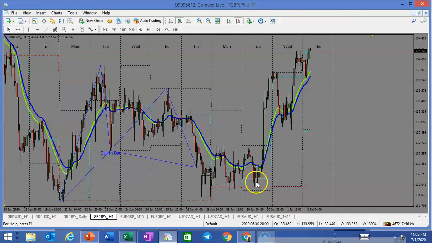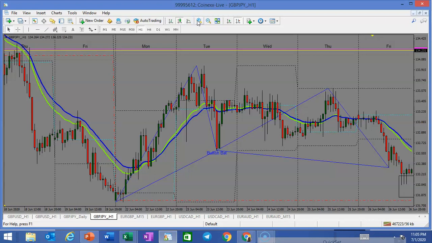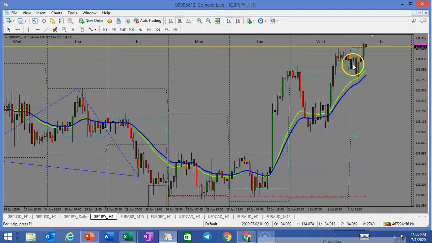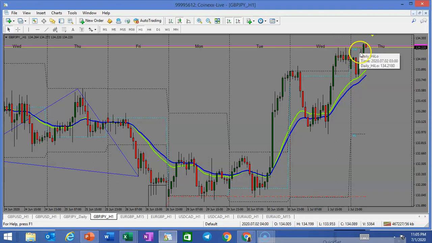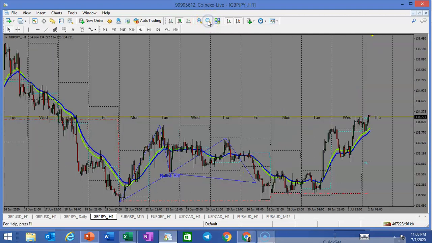This is our weekly open for our present trading week. This is our daily open. So price opened here, right? This black tracer here indicates our previous day's high. And what I was looking at was where price is now and what it's seeking to do.